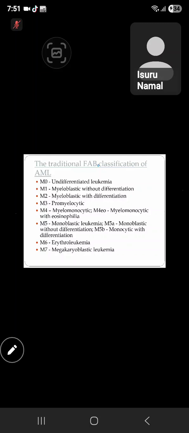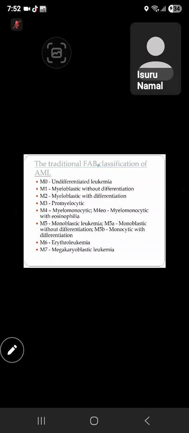I hope these will not come to your exam, but for your knowledge, right? You can see very nicely AML classified into 7 types, and that will show different types of positivity in cytochemistry as well as flow cytometry, right?